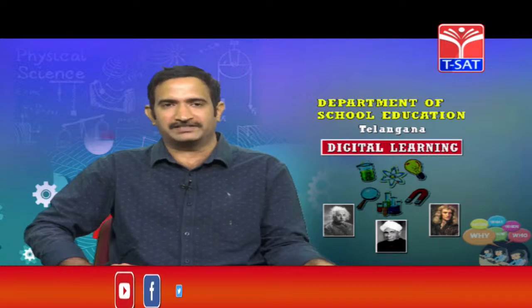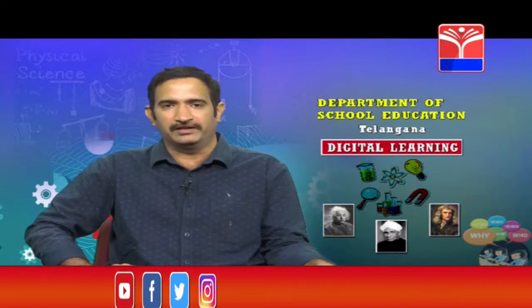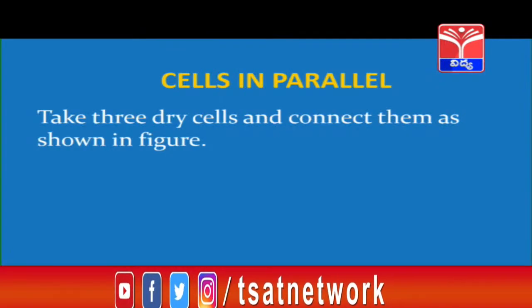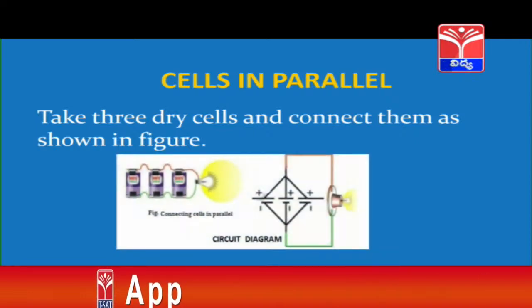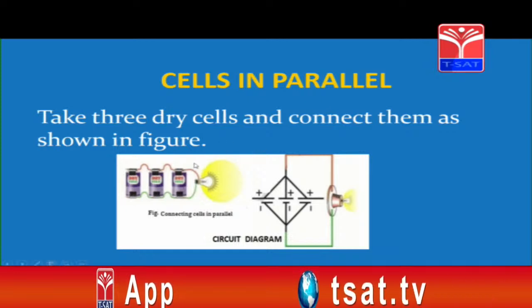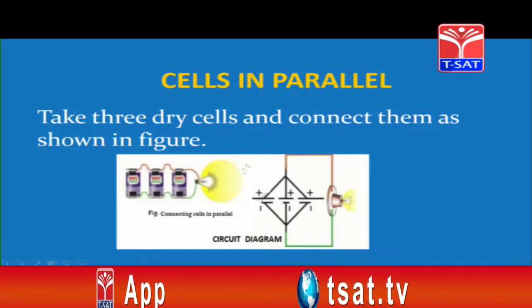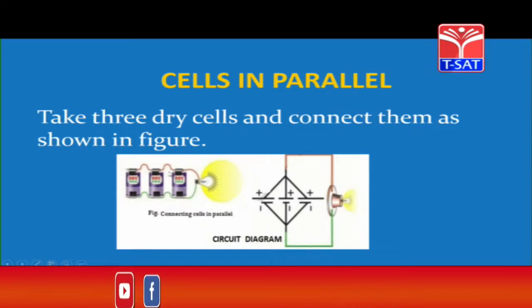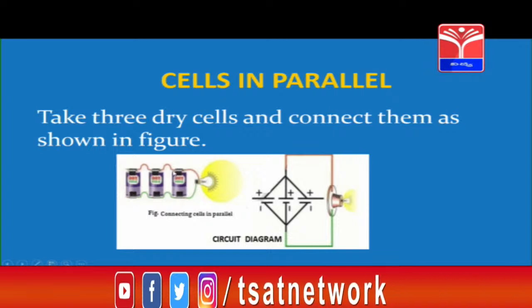Now let us discuss cells in parallel. Take 3 dry cells and connect them as shown in the figure. Here we are taking 3 cells. We are keeping all positive terminals on the top, 1, 2, 3. These 3 positive terminals are connected with the help of one wire.